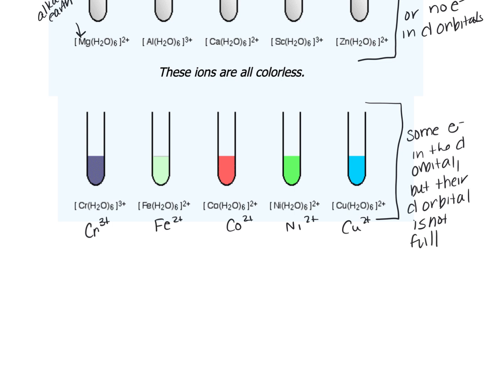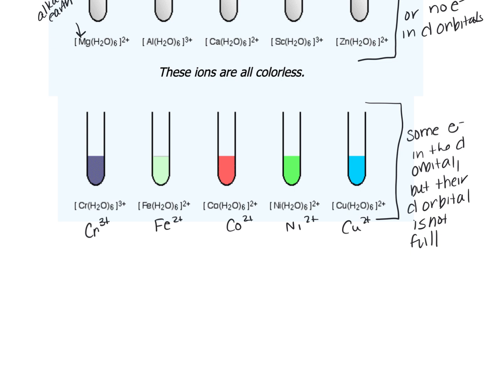And so what this suggests is the partly filled d orbital is involved in generating the color in some way, right? And a lot of places will define transition metals as having partly filled d orbitals. So what's going on? Why does this d orbital matter?